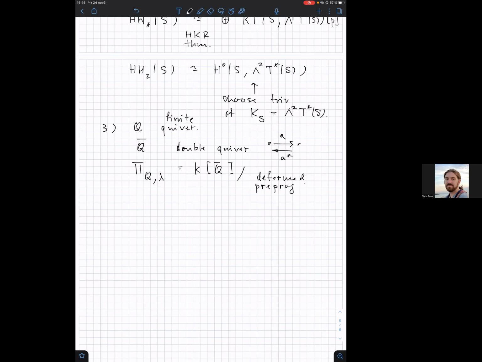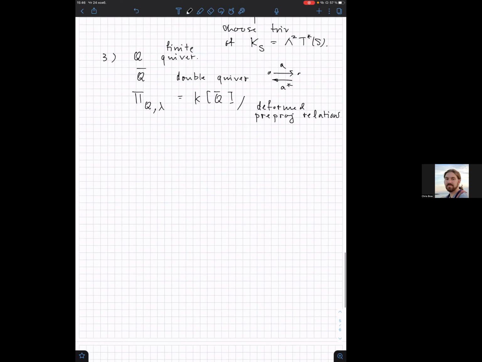I'll ignore signs, but let me tell you roughly what this says. The relations are quadratic. It's a sum over arrows in the original quiver. So I look at commutators of A and the dual arrow. And then maybe I want to set the whole sum to 0, or maybe I want to set that equal to some constants.